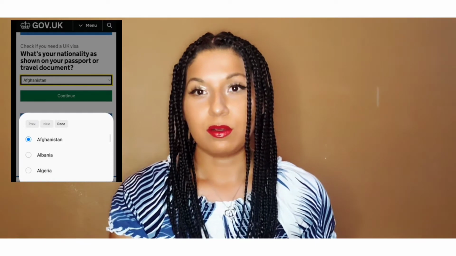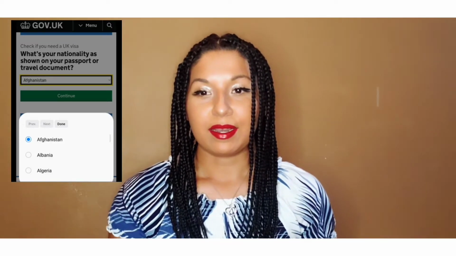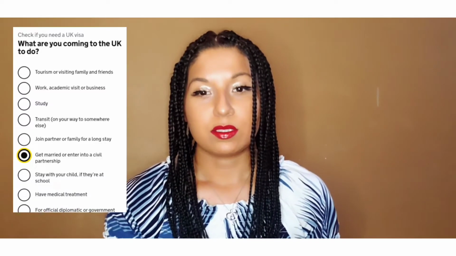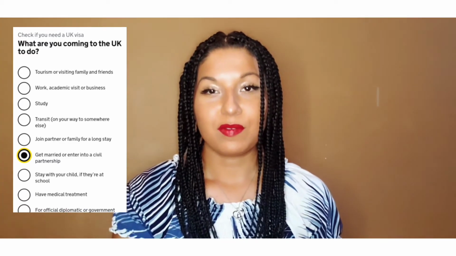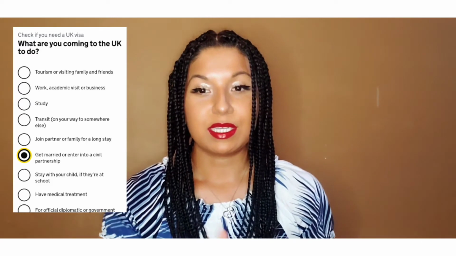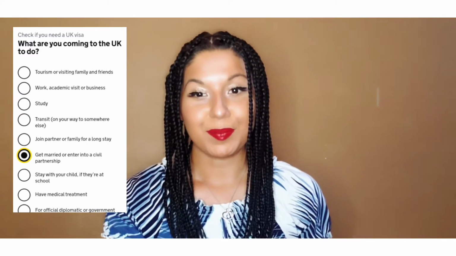And first, before that, you're going to put your nationality. So if you're an American, go ahead and click on USA, and it's going to ask you the reason why. So if you're looking to get, of course, the fiancé visa, you'll select the option where it says get married or enter into a civil partnership.